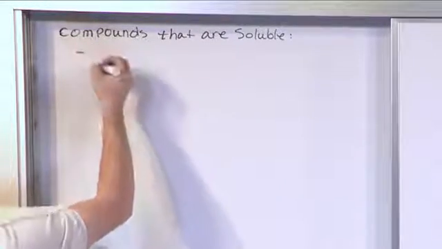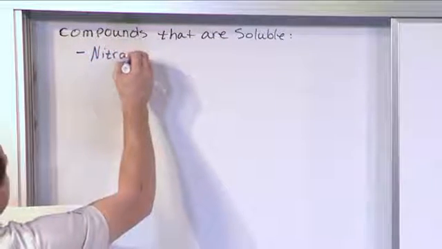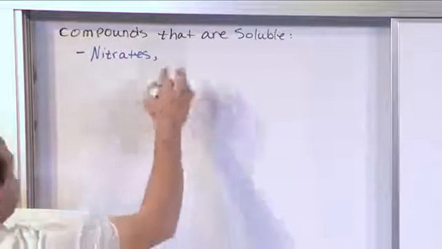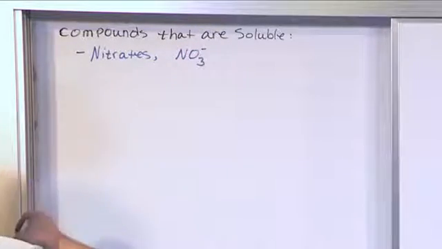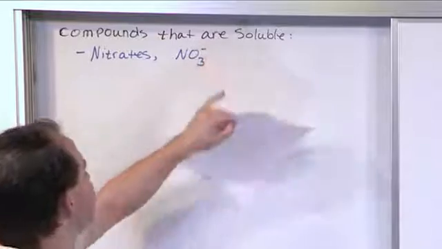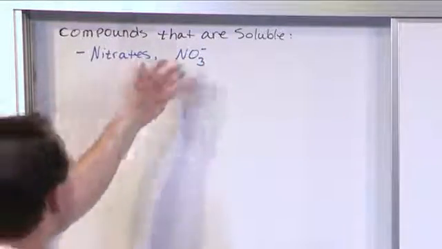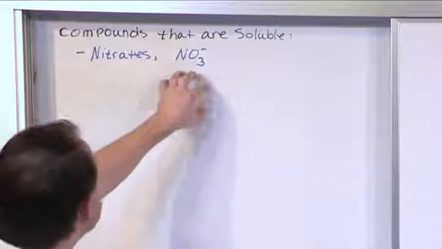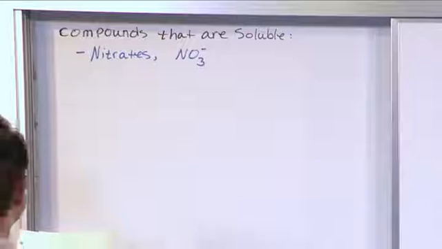So one good example is nitrates. And just to remind you, a nitrate compound is anything with an NO3 ion, which has a charge of -1. That's what this means over here. So, sodium nitrate, calcium nitrate, things like this. Anything with a nitrate is going to basically, in general, dissolve in water.